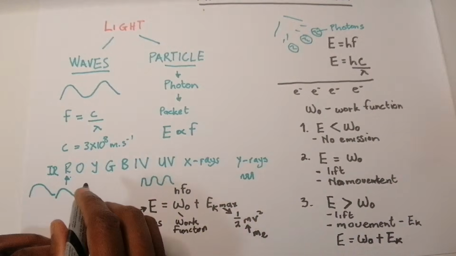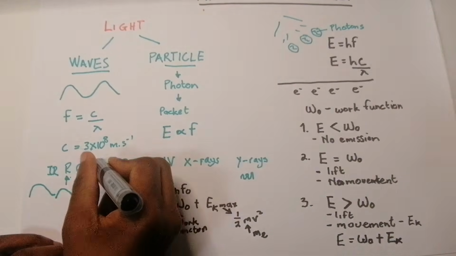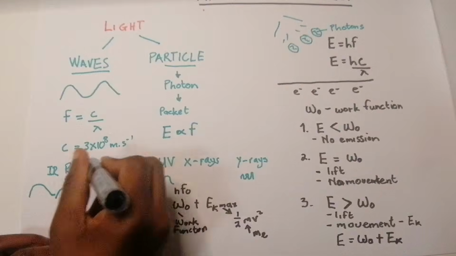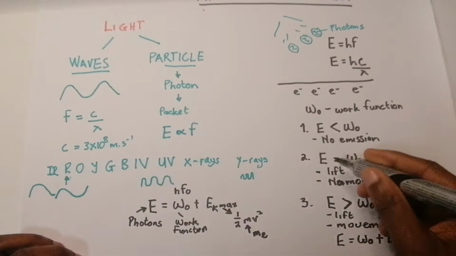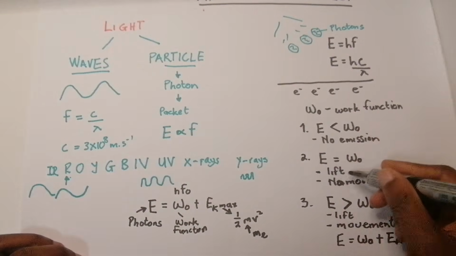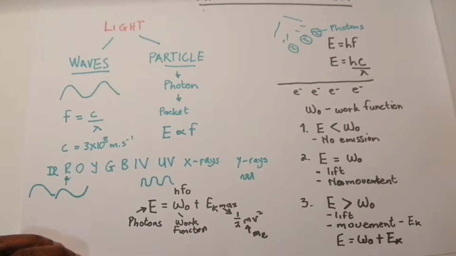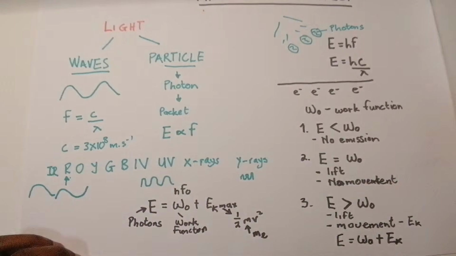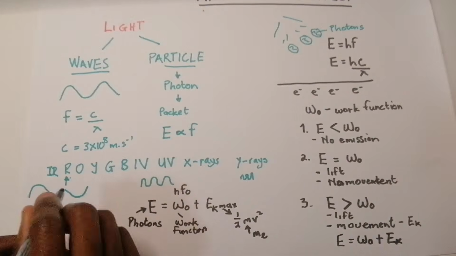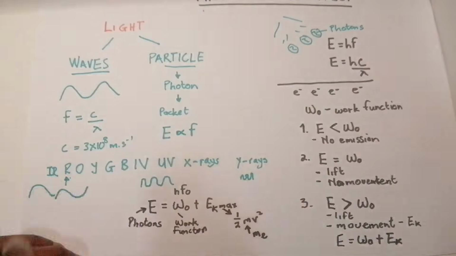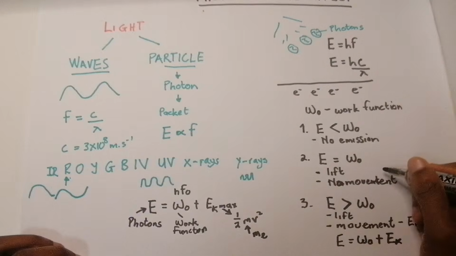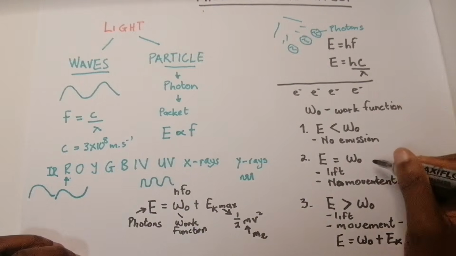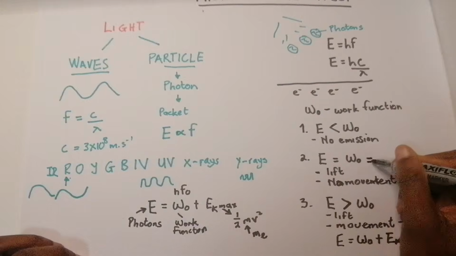Then we can say, oh, so the energy of the photons of yellow light is equal to the work function. Now, please note that yellow light has a frequency. So we call the frequency of yellow light for that particular metal the threshold frequency.